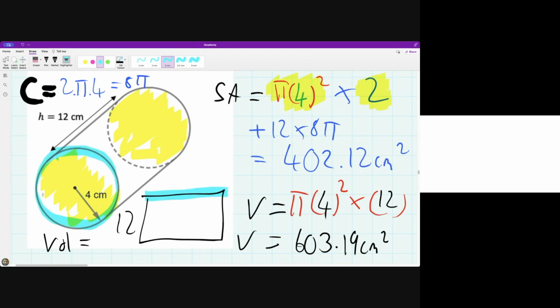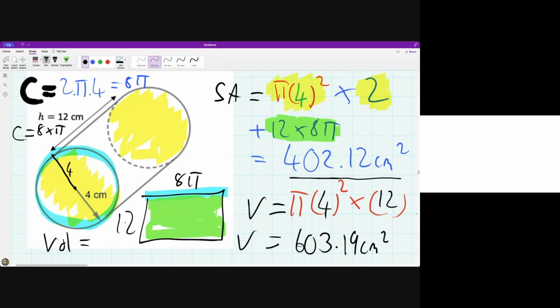Now that is the circumference of the circle. So the circumference of the circle, we can either double this and say, look, the diameter is 8, and then go, well, the circumference is 8 times pi. And so all I do now is I go 12 times 8 pi, which is this part here, right? This represents the area of this rectangle. And then once I add those 2 together, I get my 402. Does that help?